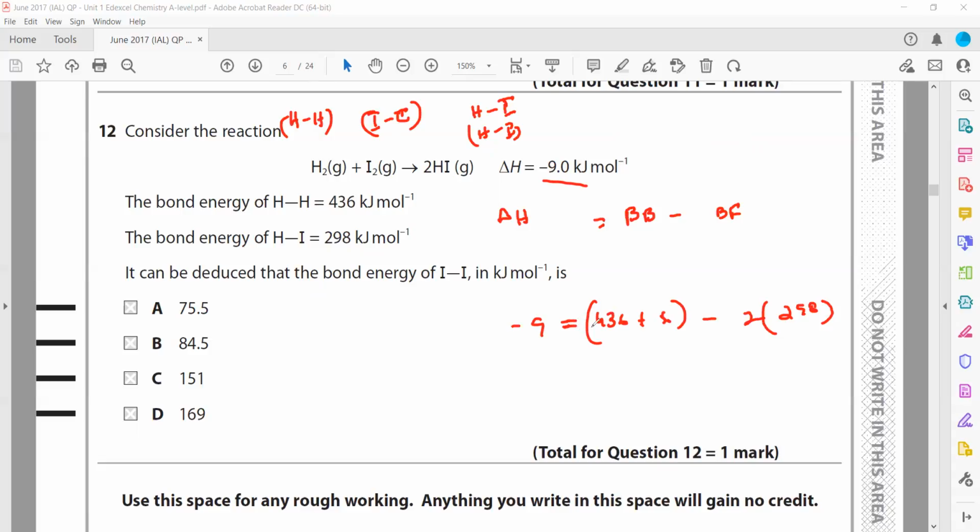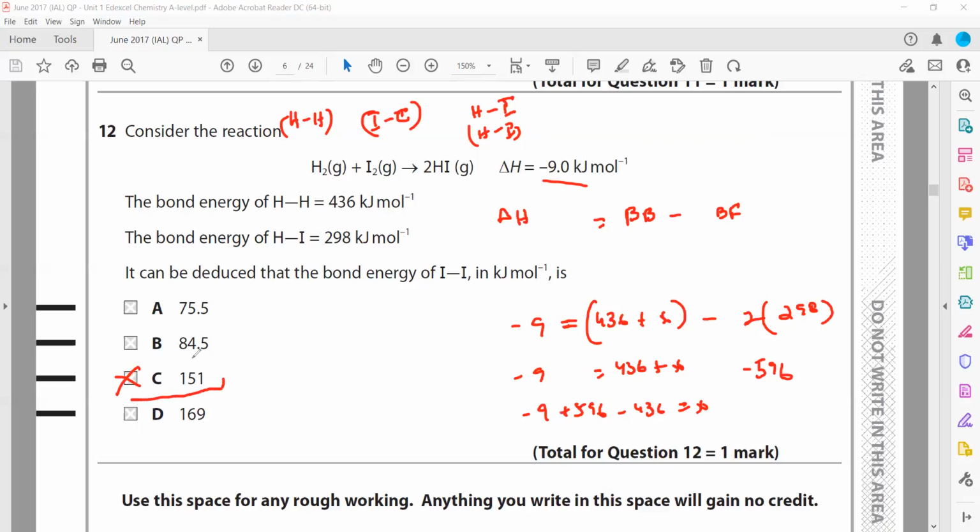So we simplify 298 multiplied by 2. It will be 596. And this is 436 plus X, and this is minus 9. So this will be minus 9 plus 596 minus 436, that is equal to X. So 596 minus 436 minus 9 will give us 151.